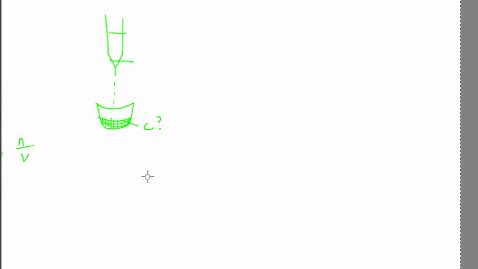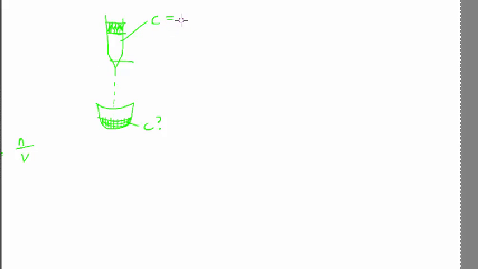Okay, concentration is unknown. All I know about this is the grams. I know how many grams, I know the volume. Okay? Up here, we know the concentration and we know how much of this was used. So we don't care how much was originally there, we only care how much was used.